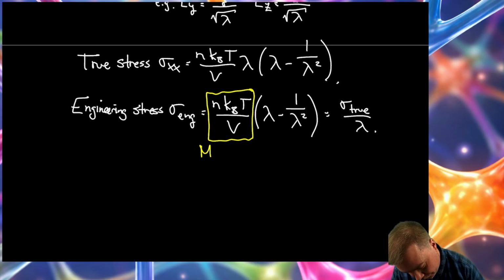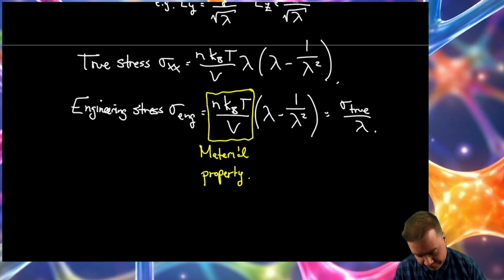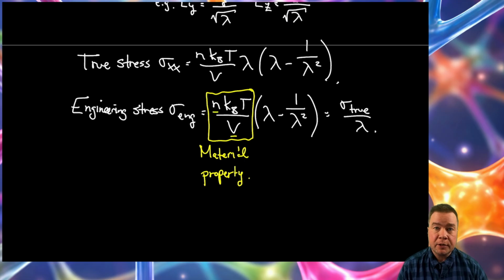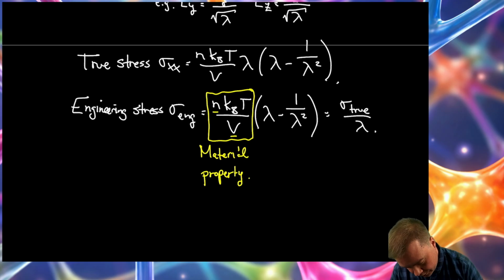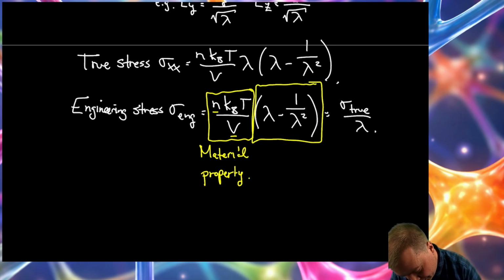This is a material property. I've got the number of crosslinks per unit volume multiplied by kBT. Number of crosslinks per unit volume has to do with the structure of the material. That is a material property. But over here, I only have lambda, and this is telling me only about the deformation.